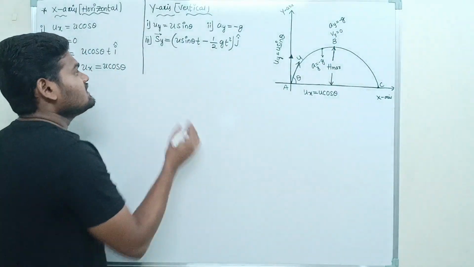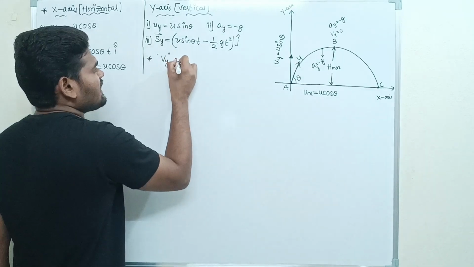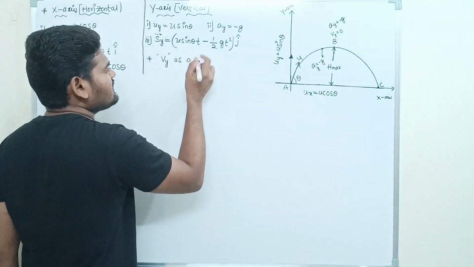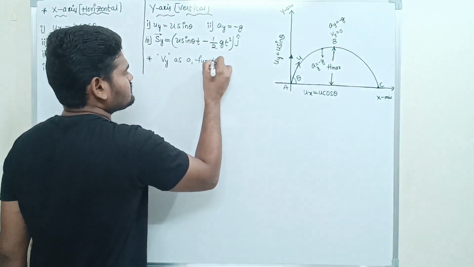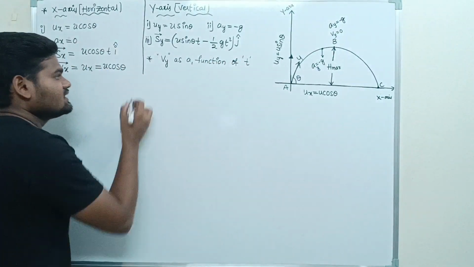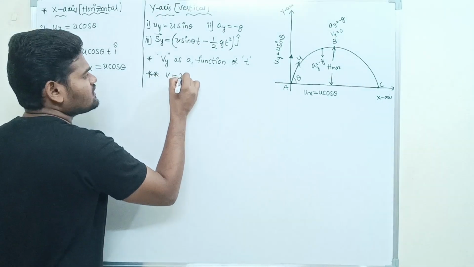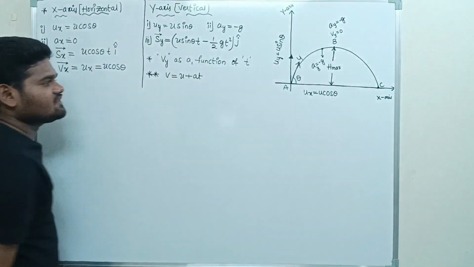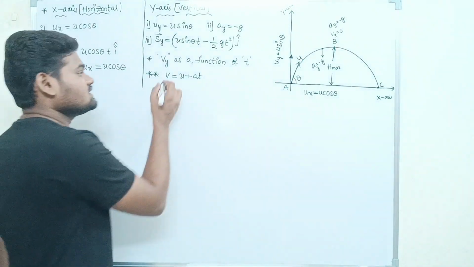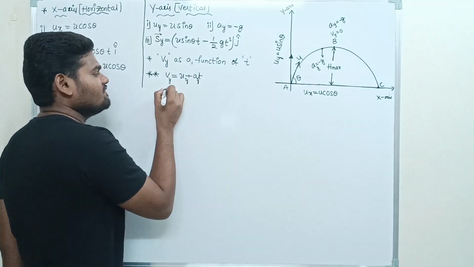Right. Have a look. I wanted to find the final velocity of the object as a function of time, as a function of t. So for that we have the equation of motion. What is that one? V is equal to u plus at. So this velocity is along the y direction, Vy.